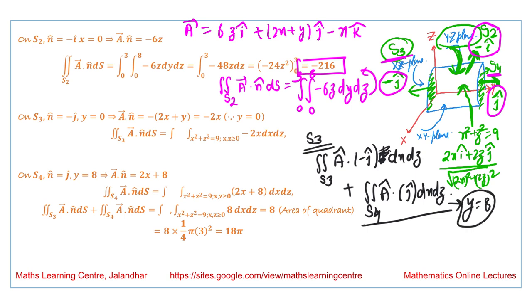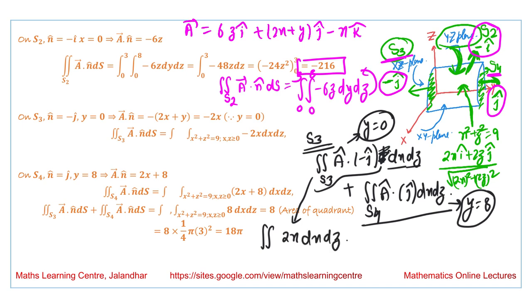So if we take the dot product with j cap, on S3 the value we obtain is the double integral of 2x, since the value of y for this surface S3 is 0, into dx dz, with a minus sign.